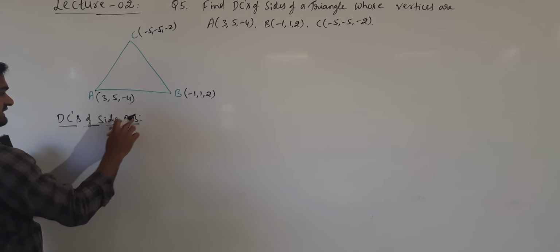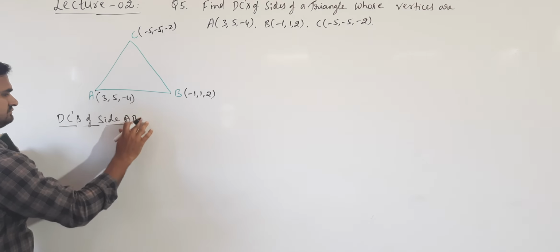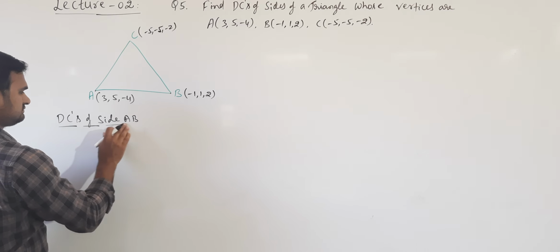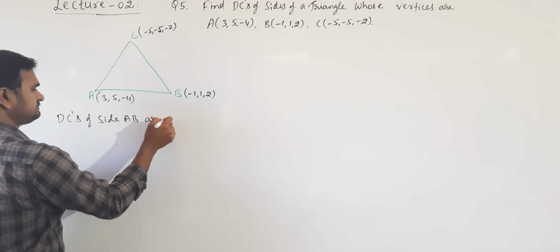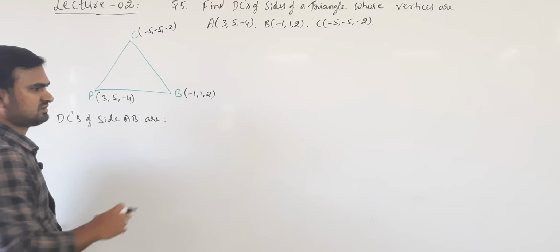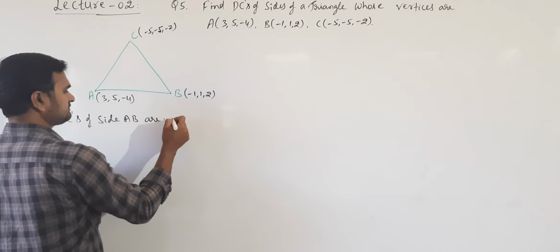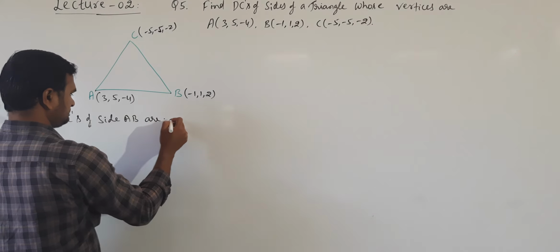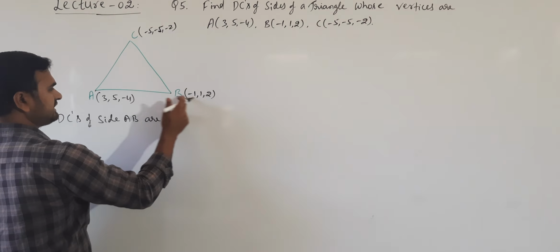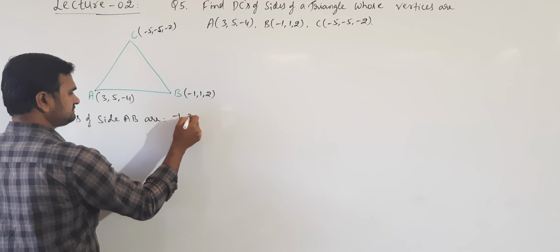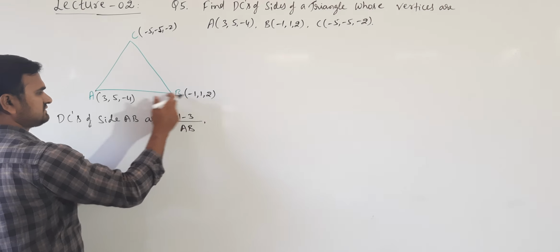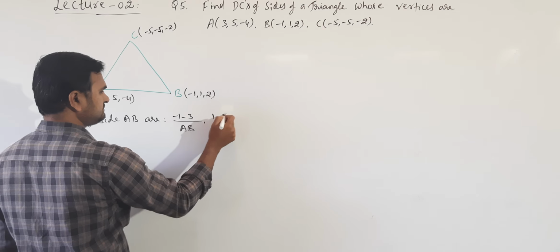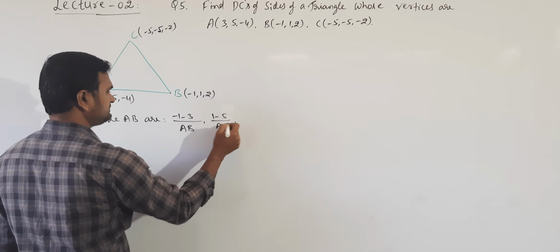DCs of side AB are, applying the formula, x2 minus x1: minus 1 minus 3 divided by distance AB. Next, 1 minus 5 divided by distance AB.